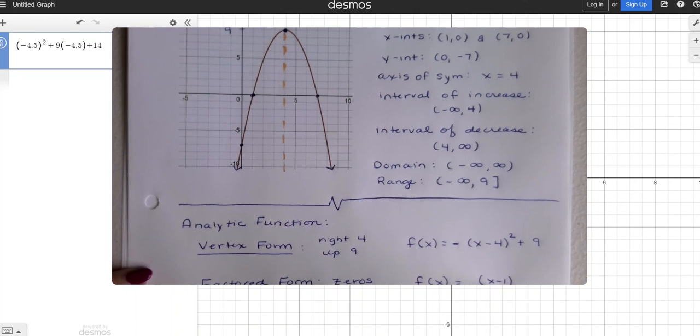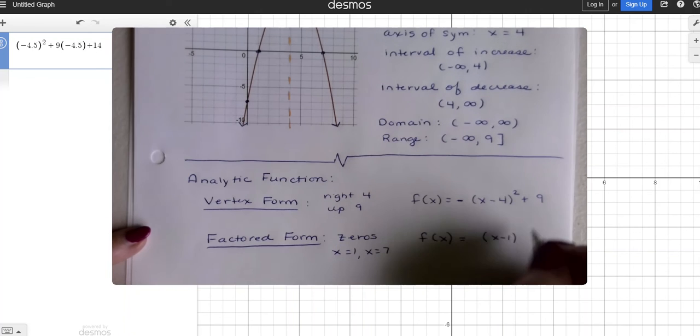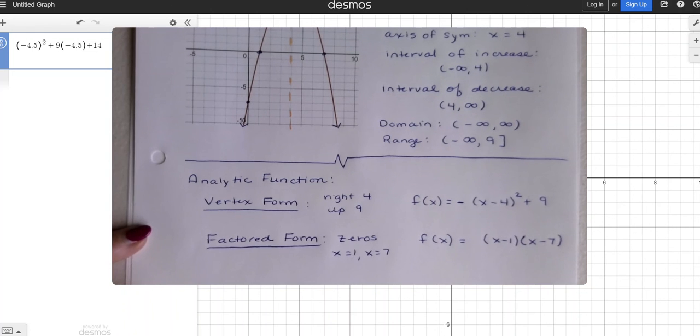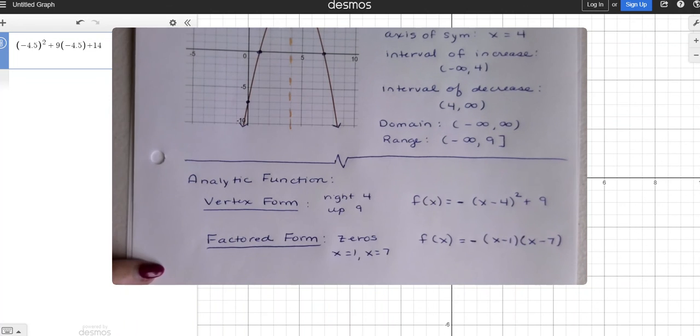That way when I set that equal to 0, I'll get my x equals 1. And it also has to include an x minus 7, same reasoning, right? When I set that factor equal to 0, it has to give me x equals 7. Once again, because this is upside down, I know I'm going to have a negative leading coefficient, possibly a multiplier there, but I haven't got quite that far yet.